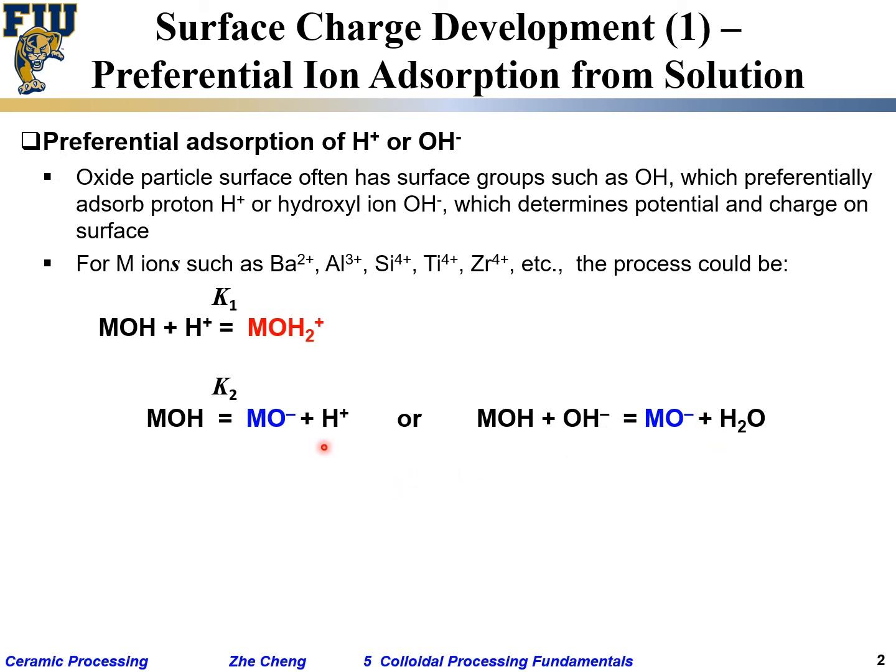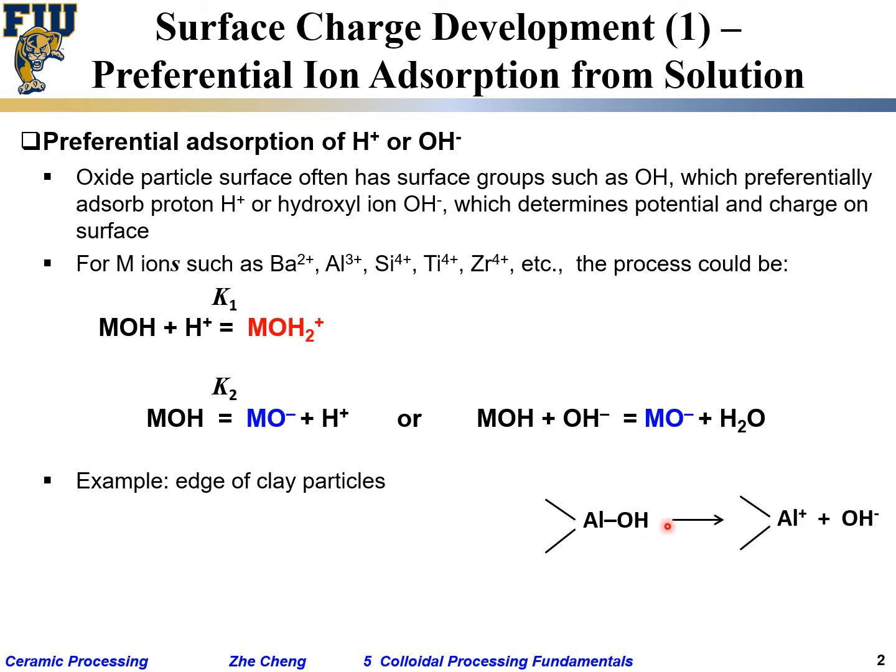They're kind of equivalent, just different ways to write it. An example is the edge of clay particles. Clay particles quite often have aluminum OH group attached. And then when we dissolve them into water, we would have positive aluminum and hydroxy group dissolved in it. Okay.